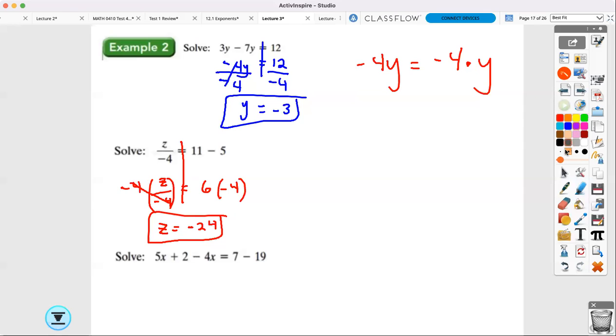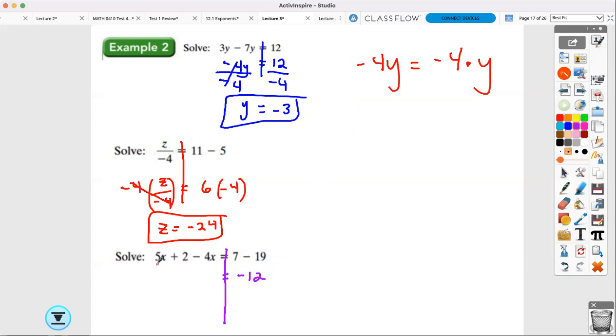All right, we're on the last problem right now on the slide. So draw the line down the equal sign. Can I combine the right side? 7 minus 19. Are those like terms? Yes, they are. 7 take away 19 is negative 12.